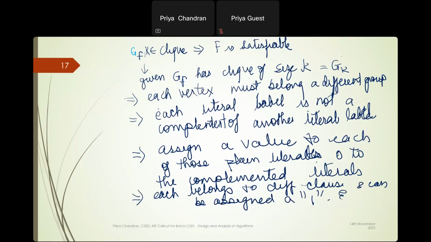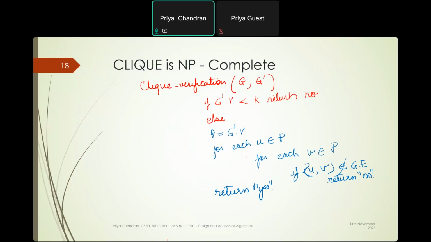So every clause is satisfied. Which means that the reverse is also true. If there is a clique, then the CNF is satisfied. So that part is done now.